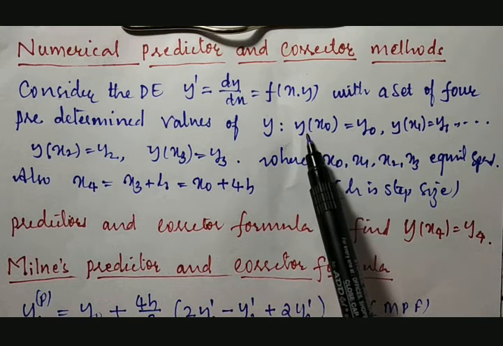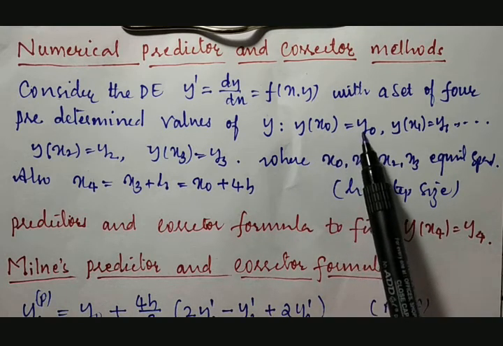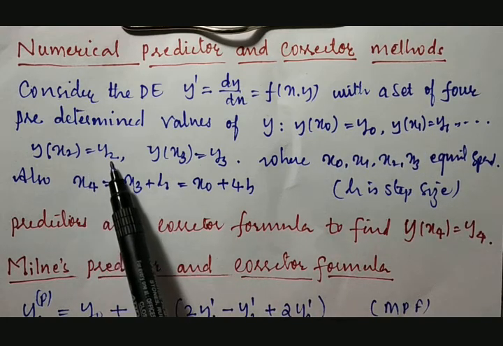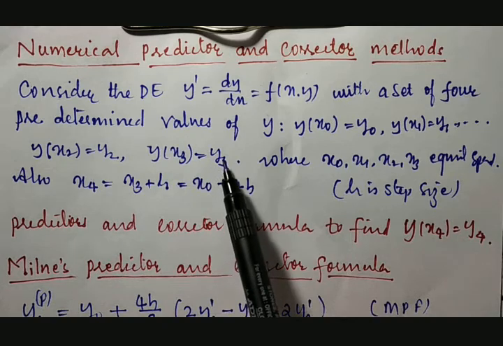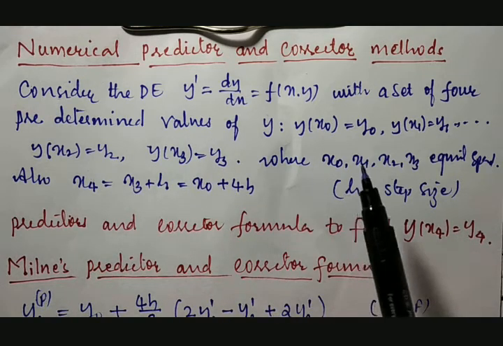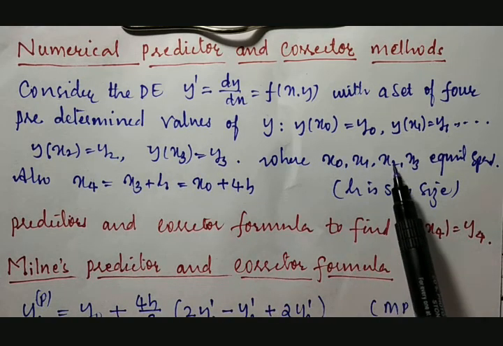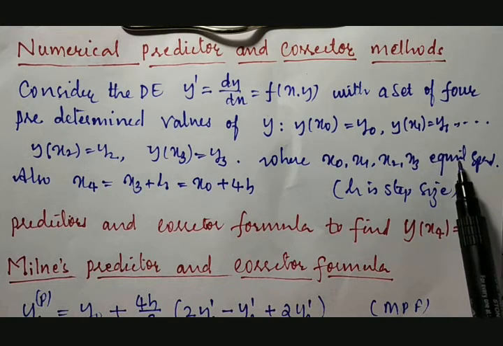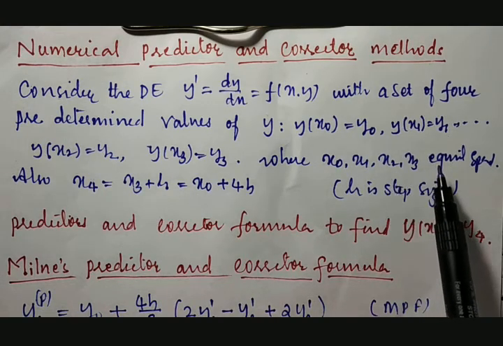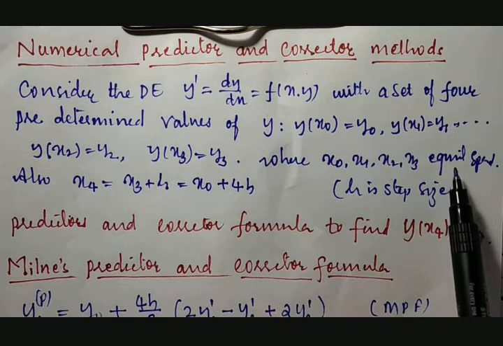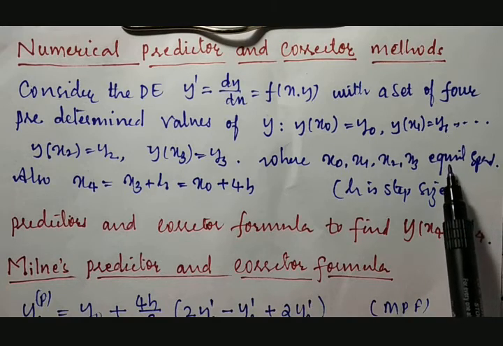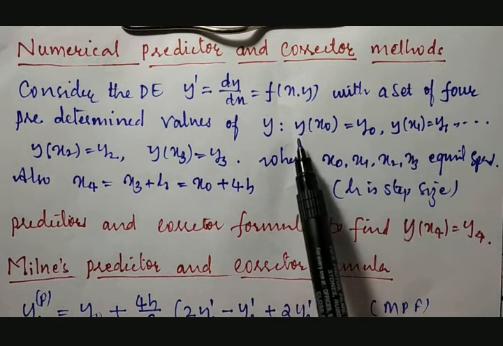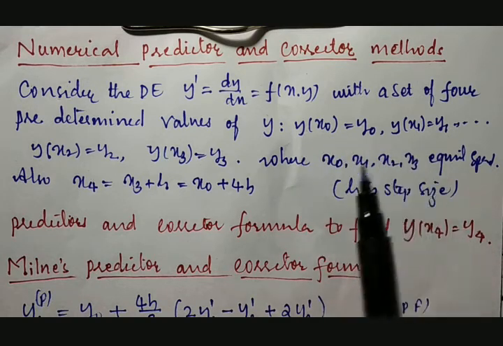It will be treated as y of x0 is equal to y0, y of x1 is equal to y1, y of x2 is equal to y2, y of x3 is equal to y3, where x0, x1, x2, x3 are equally spaced values of x. With respect to this, we will be getting values for y0, y1, y2, y3.